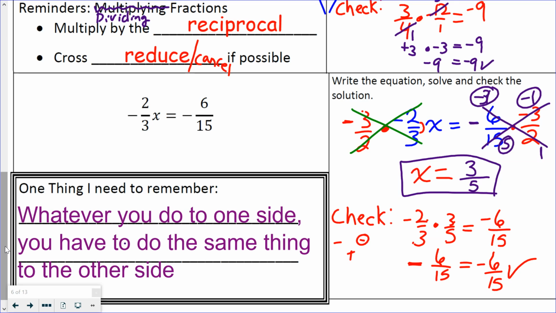All right, once you have that copied down, you can go ahead and open your Kami for your homework assignment. And we will look at problems 2, 6, and 7. 7, I will start it, but you've got to finish it.